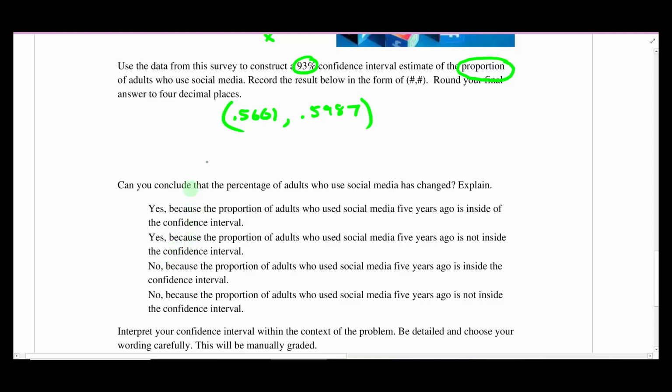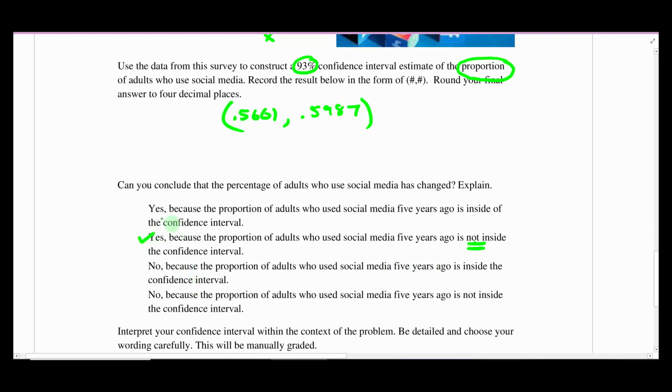If that 54% was within these two bounds, then I would say I don't think the proportion has changed, because the old proportion is within what we estimated. So we're going to say yes, it has changed, because the proportion from 5 years ago is not inside the confidence interval. So this is the one that we want.